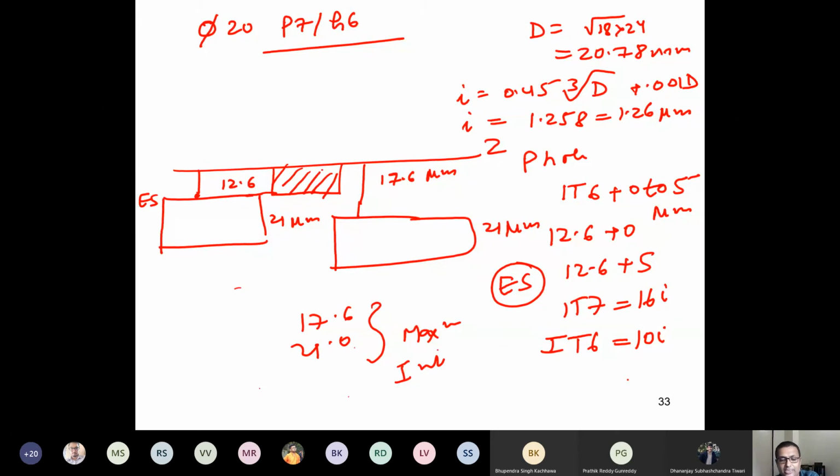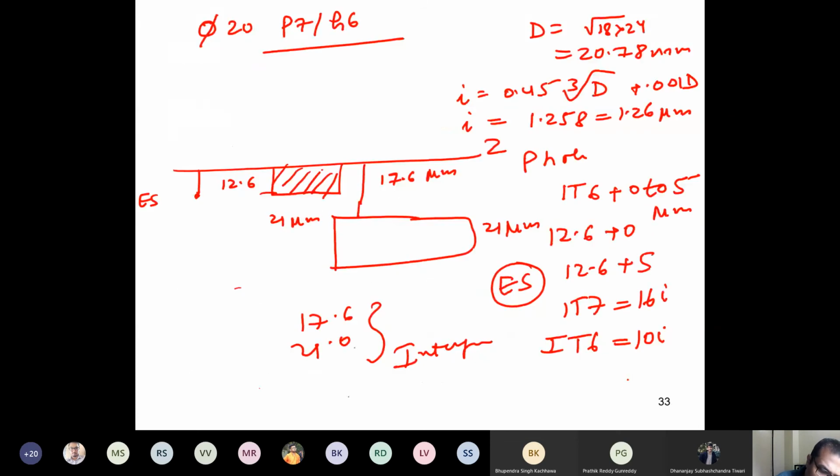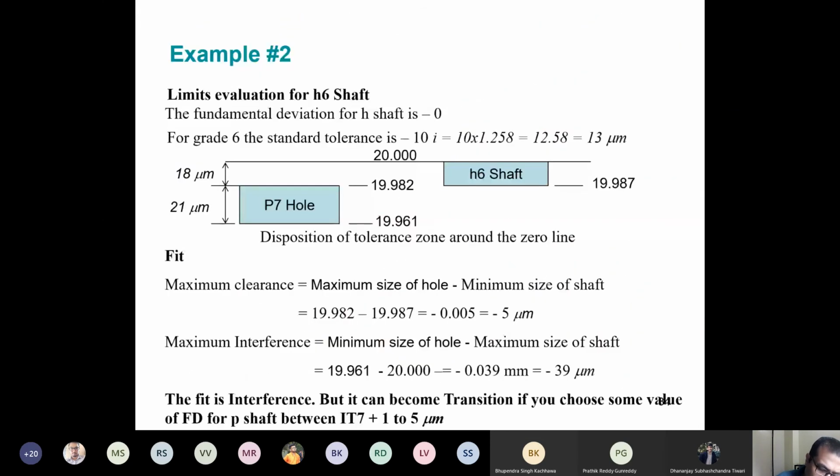If I close this, for now you forget about this. What kind of fit is this? Sorry, this is interference, in which the maximum is 21 plus 17.6, right? 21 plus 17.6, 39.